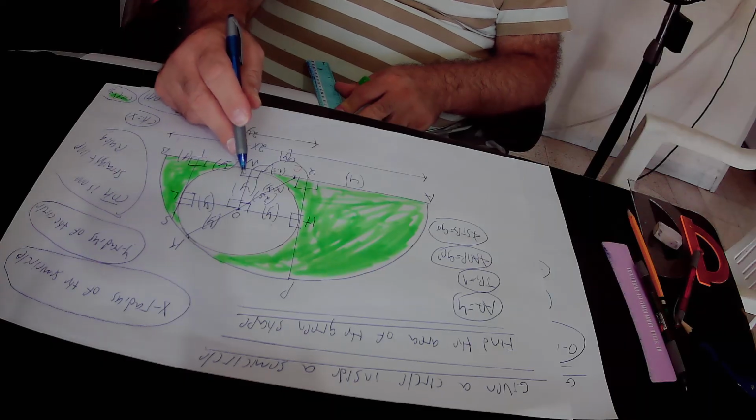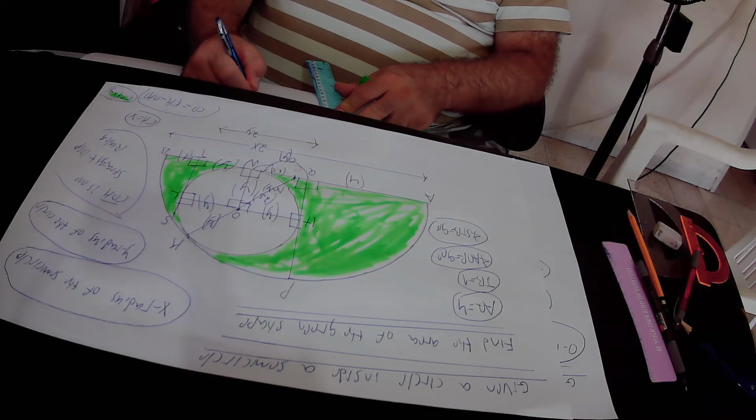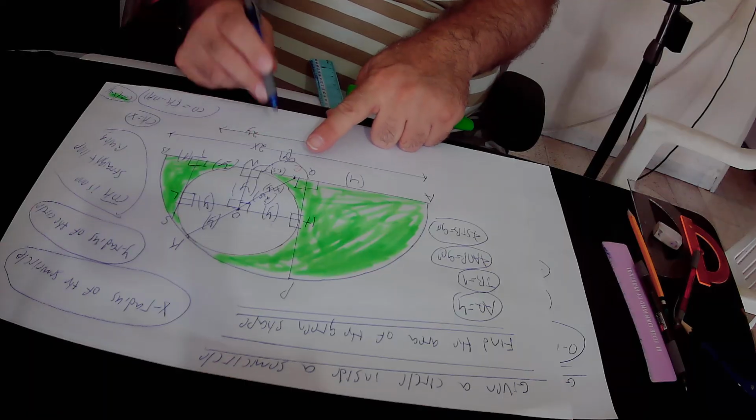Side ON equals y units in its length. Side CN equals 1.5 units in its length.